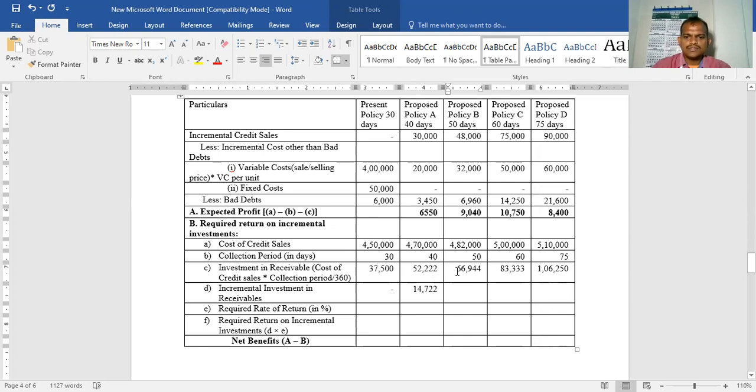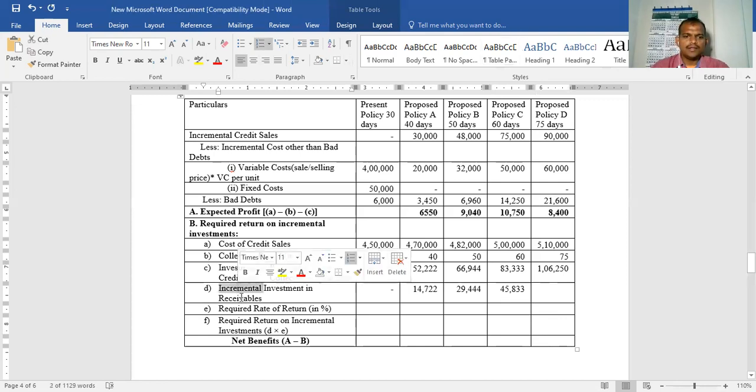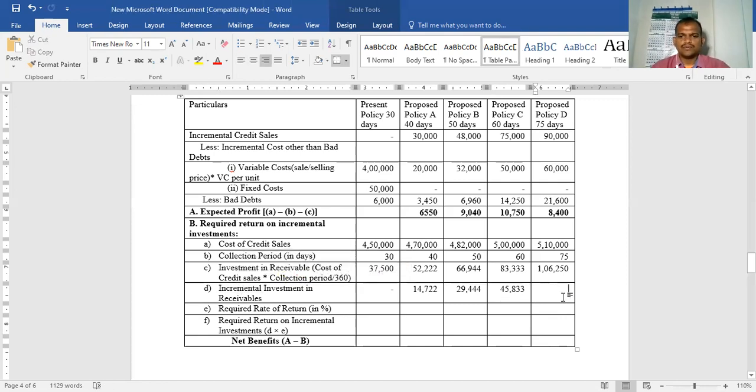Now 66,944 minus 37,500, 29,444. And 83,333 minus 37,500, 45,833. This is incremental investment in receivables.